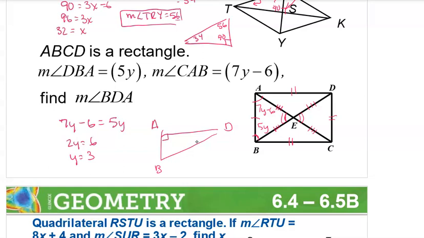I know that 5y is right here, so 5 times y is 15. And then from there I can figure out BDA, because this is going to be 90 minus 15, because that's one of the acute angles in a right triangle. So I know the measure of angle BDA has to equal 75 degrees. So there would be the answer for that one. Let me clean that up.